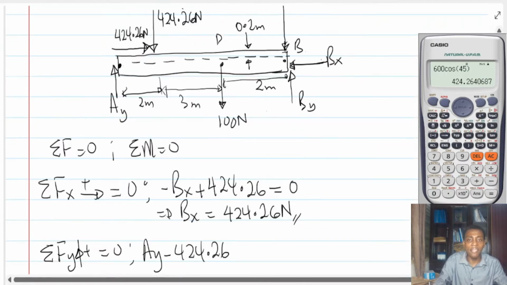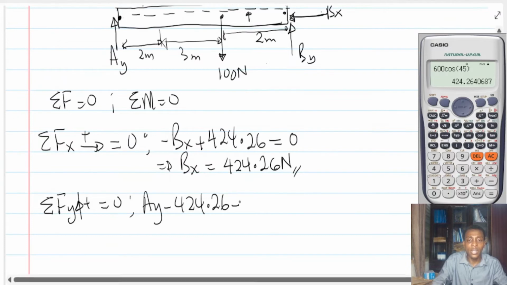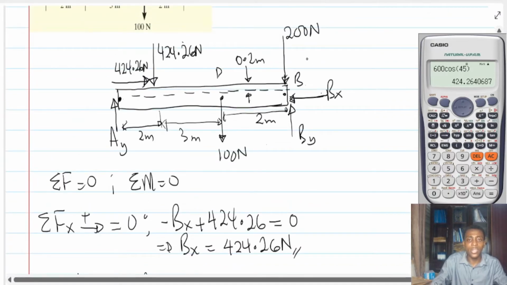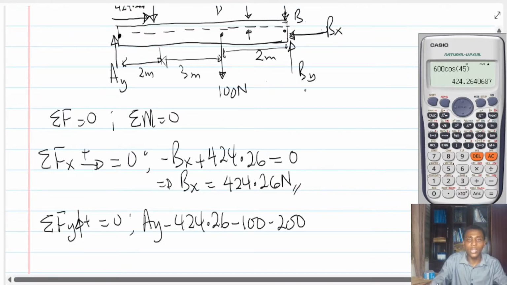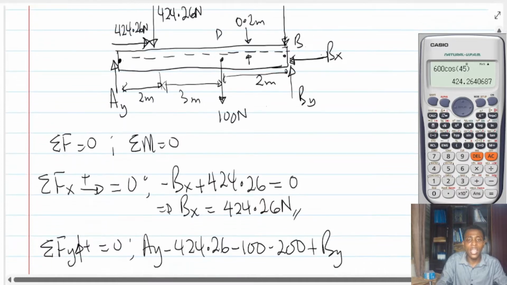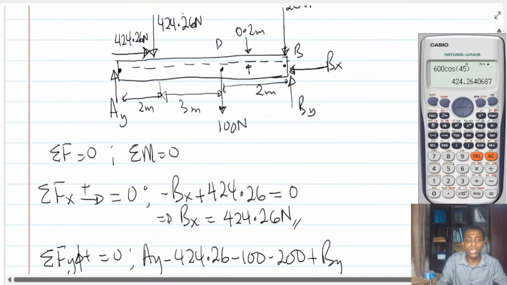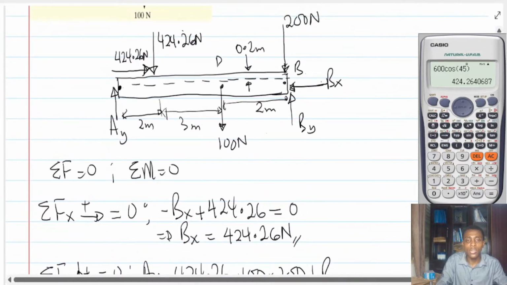And then I have minus 100, and minus 200. And what else? Plus By. So that is the summation of forces along the y. Is there any other force in the y I've not considered? No. Okay, so then let's move on.